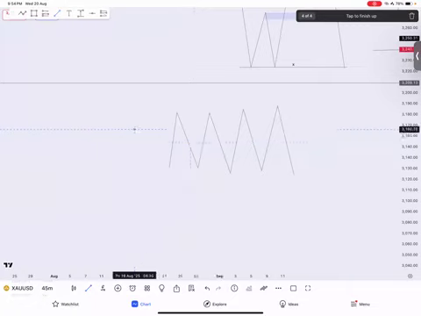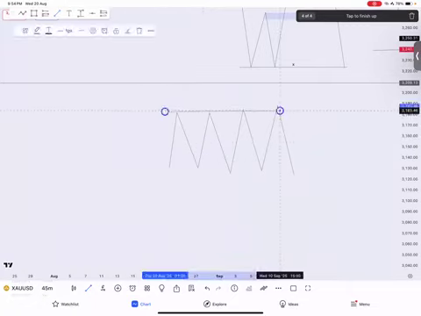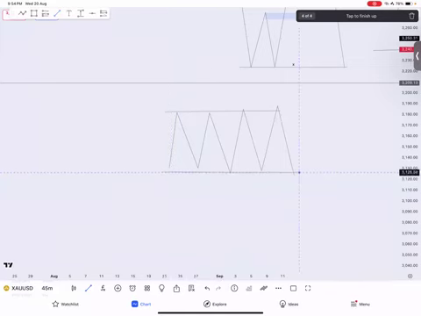When this is happening, this is what you call ranging liquidity, and it's made up of two sides. The one on the up is called buy side liquidity. The one on the down is called sell side liquidity.